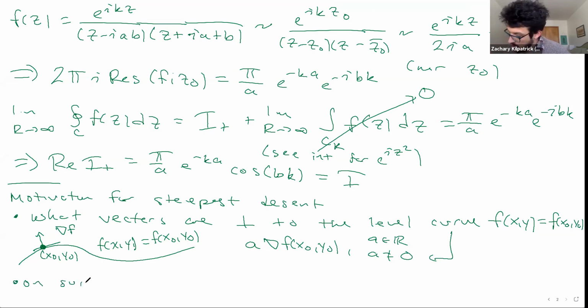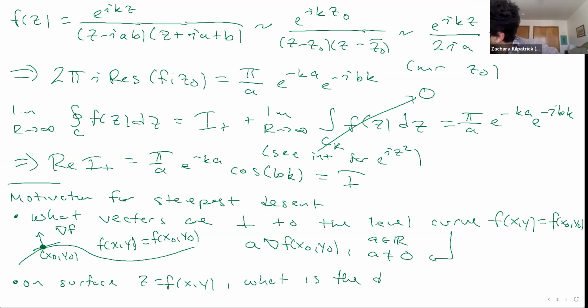Now, on some surface z is equal to f of x, y, what is what's called the steepest descent direction? Well, again, it's going to be related to gradients.